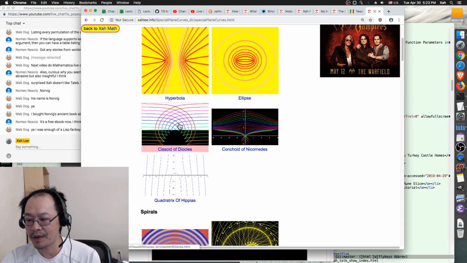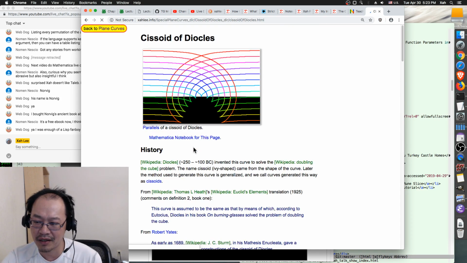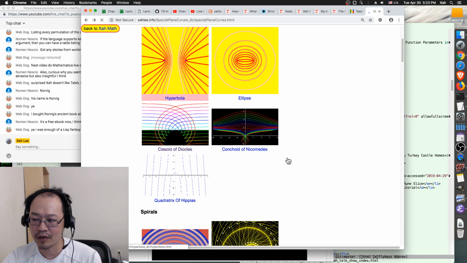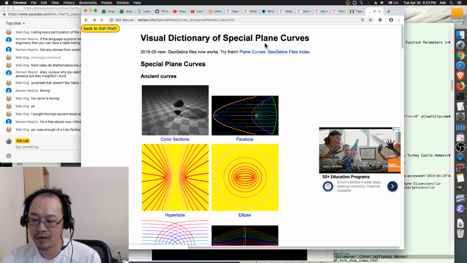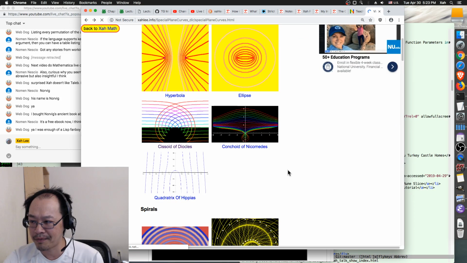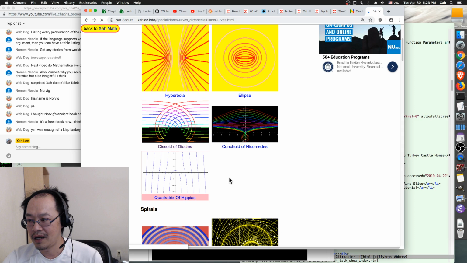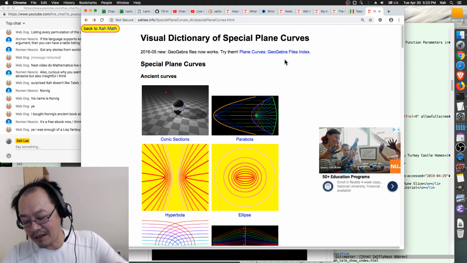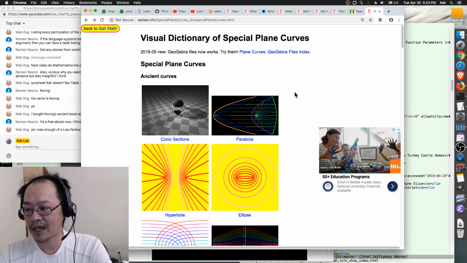So this website has animations. Basically, it's a visual dictionary of special plane curves. It has animations, Mathematica packages, and interactive GeoGebra. That's the project I did.